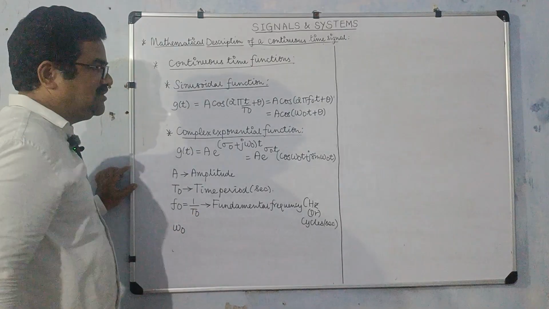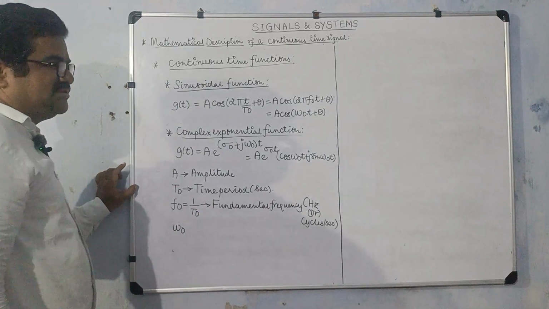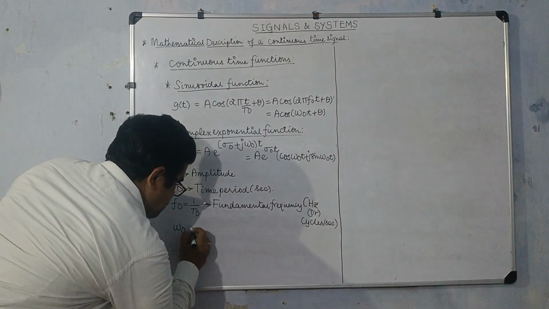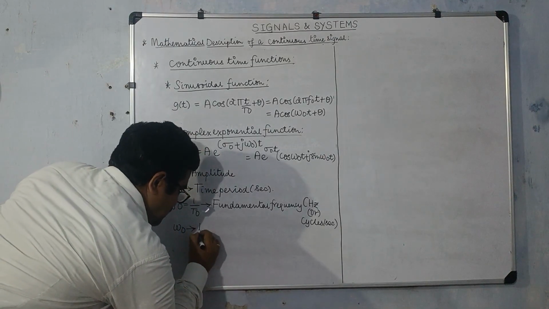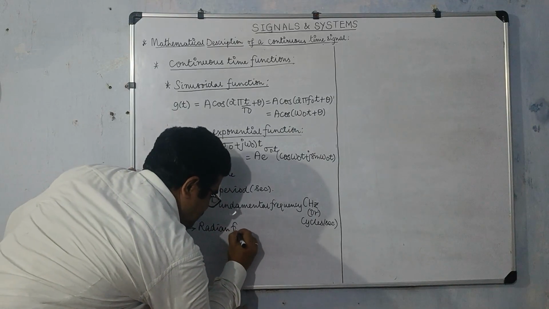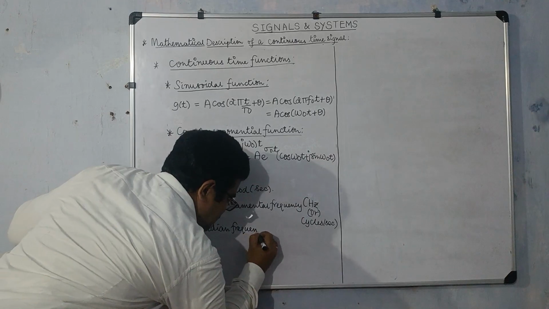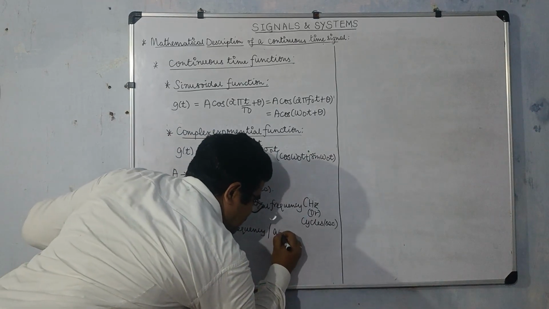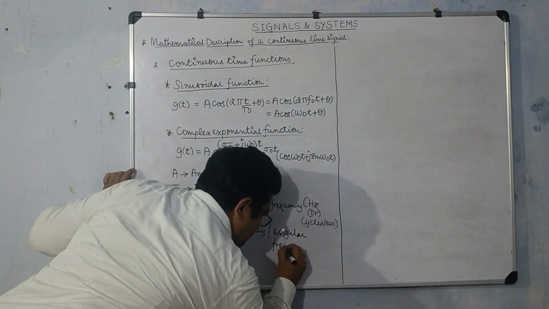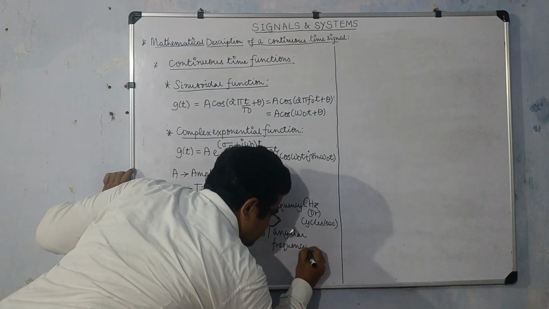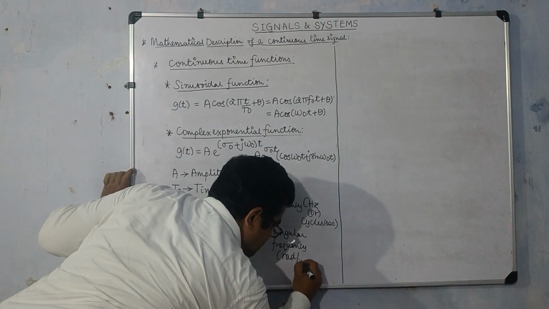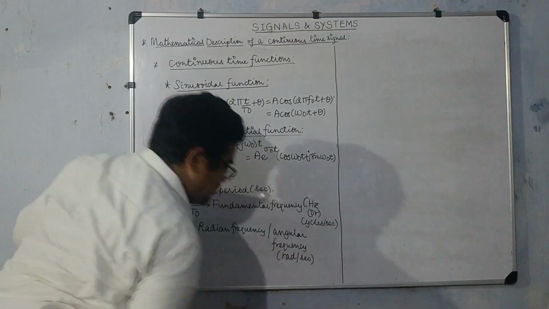So how many radians the angle is changing in 1 second, that is what is known as radian frequency, or angular frequency, which has the unit of radians per second.